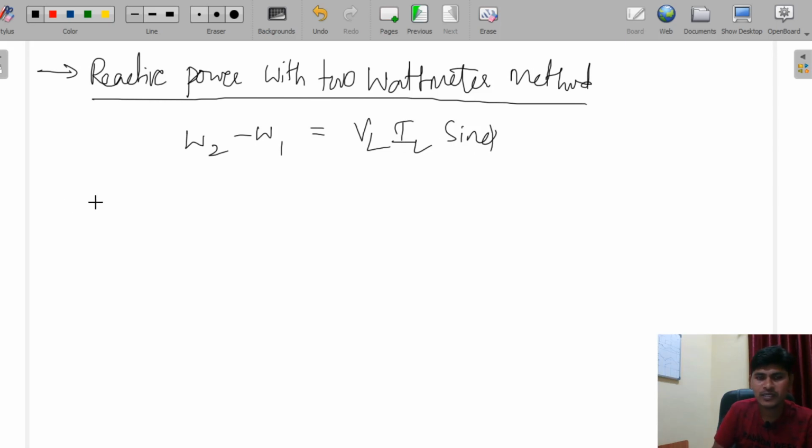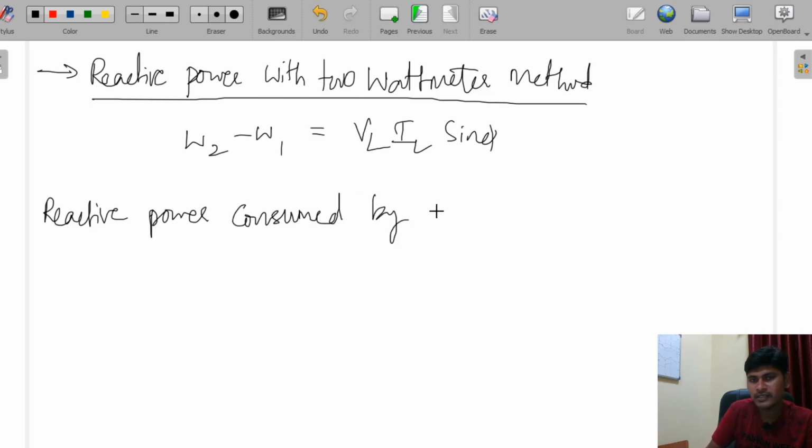Reactive power consumed by the 3-phase load will be root 3 VL IL sin phi.